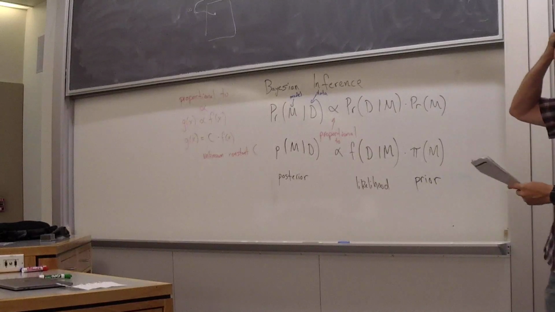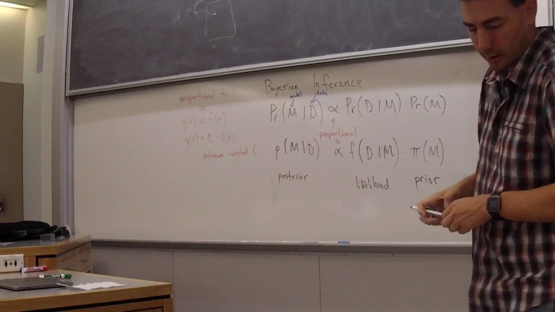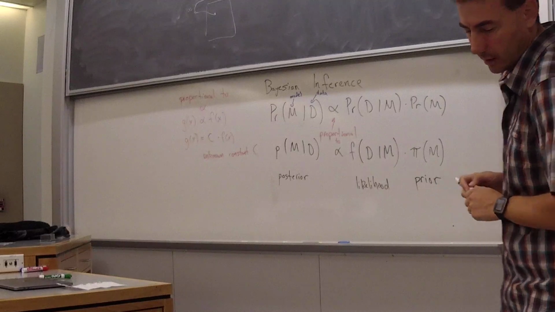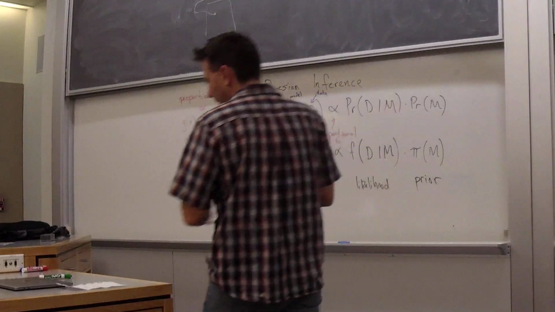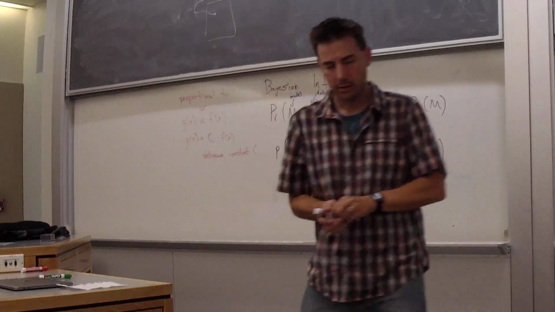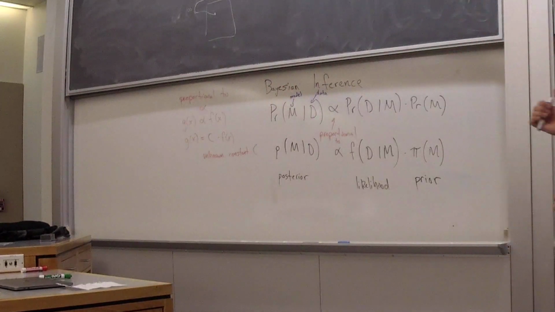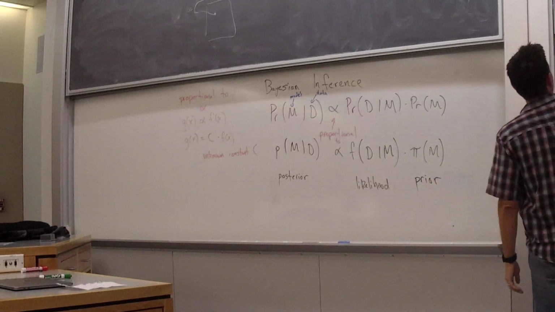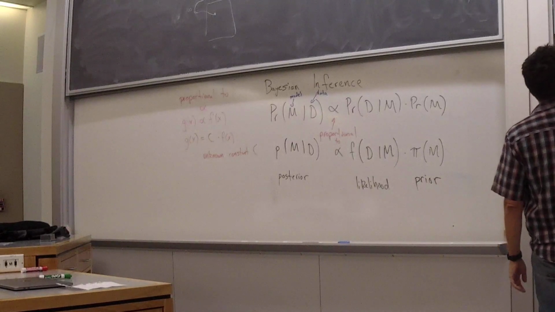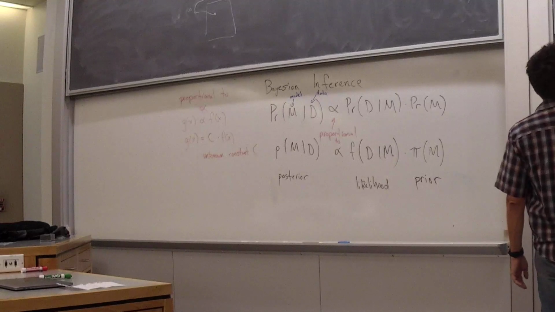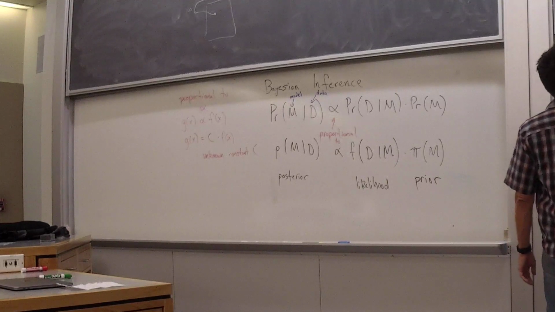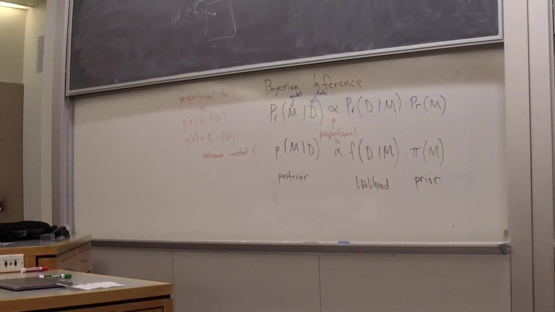So let's go through an example here. Let's say that we're looking at an estimate where we're again given some data, x1, x2, up to xn, and these are the heights of, say, students.